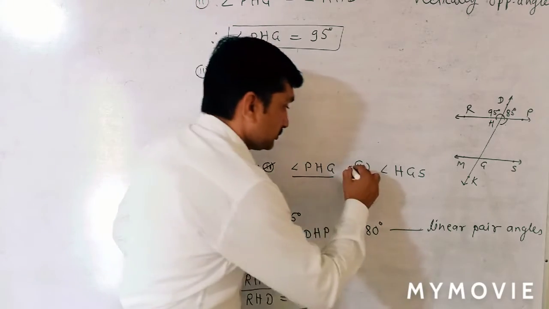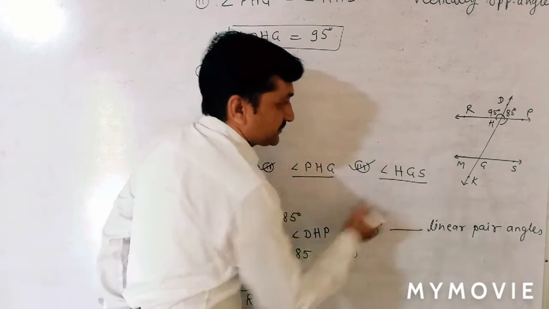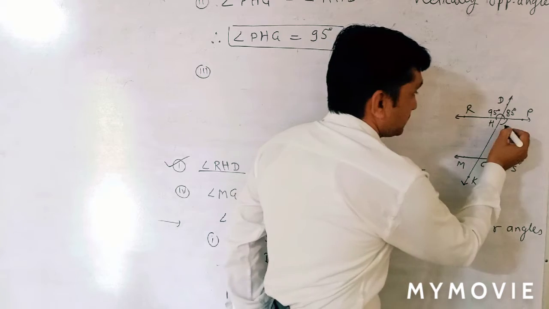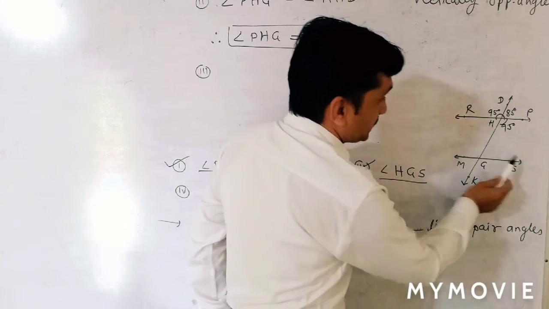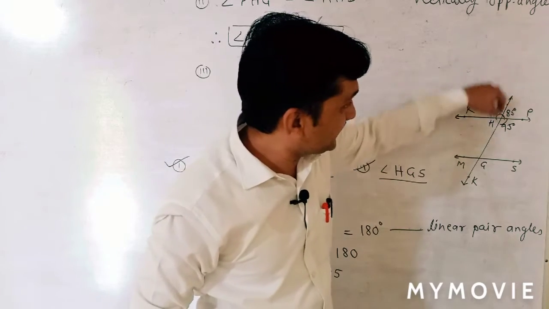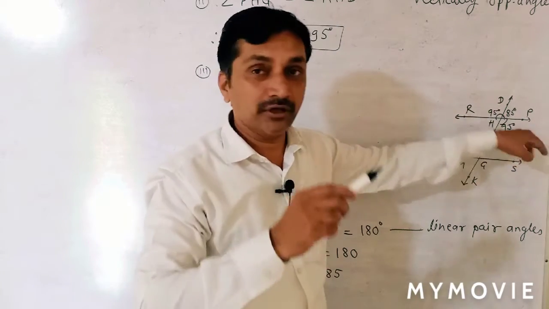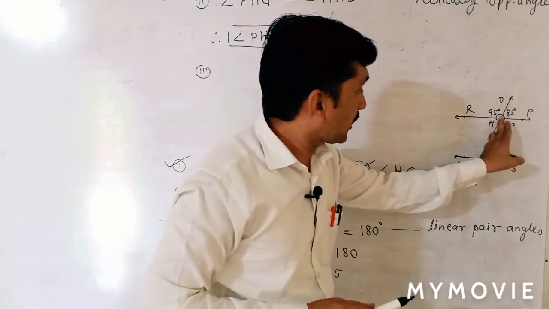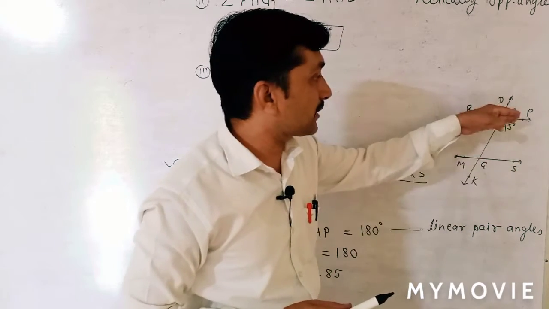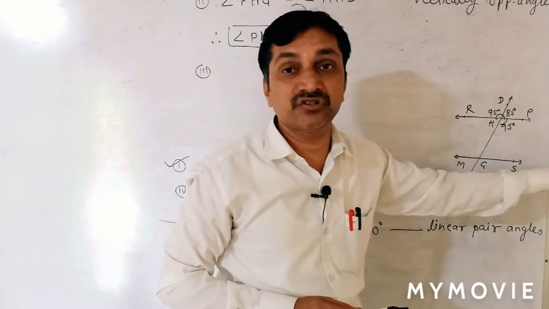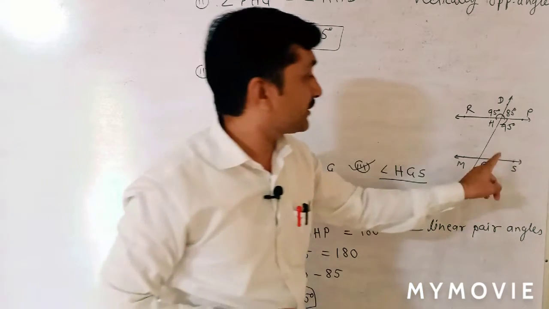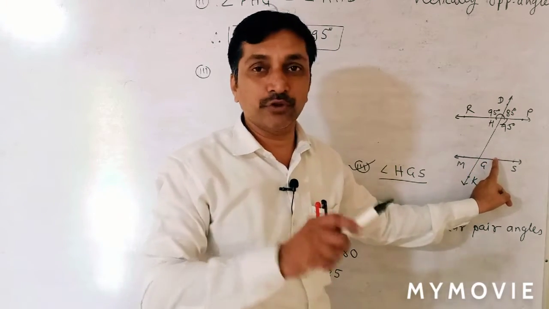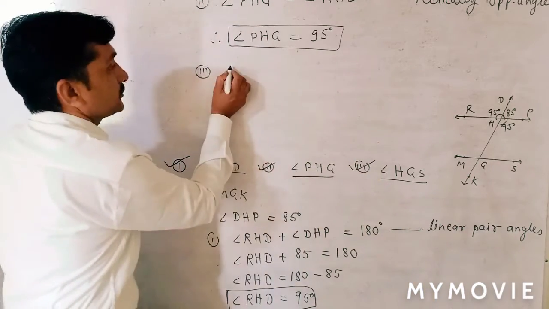Now third, HGS. You see now here DHP is above the parallel line, HGS is above the parallel line, and on the right side, meaning they are corresponding angles, and corresponding angles are congruent. That's why this HGS is also 85 degrees.